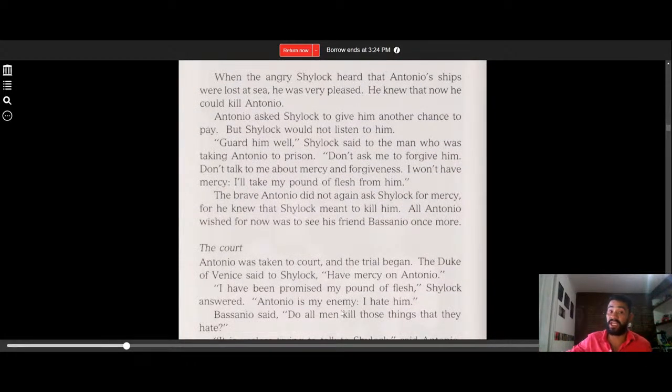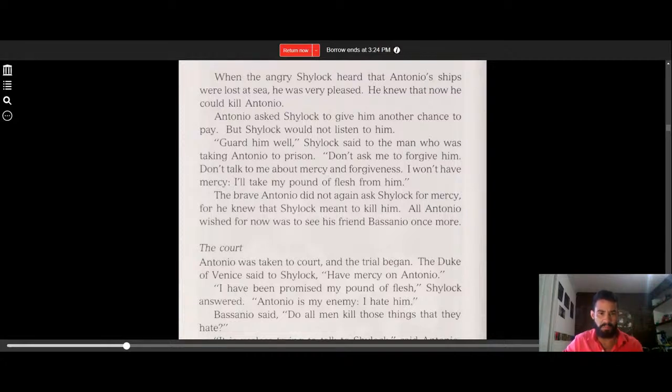When the angry Shylock heard that Antonio's ships were lost at sea, he was very pleased. He knew that now he could kill Antonio. Antonio asked Shylock to give him another chance to pay, but Shylock would not listen to him. "Guard him well," Shylock said to the man who was taking Antonio to prison. "Don't ask me to forgive him.